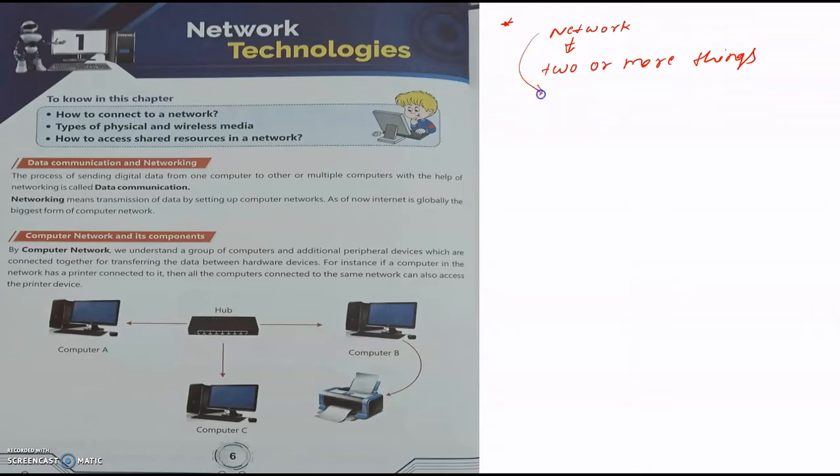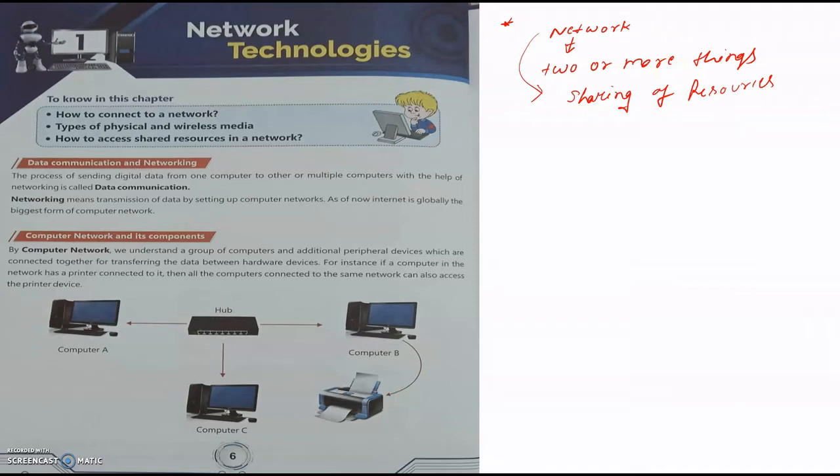What is the purpose of network? These things are connected with each other for sharing of resources, any kind of resources. Suppose I'm talking about a personal network, a network of a particular person.